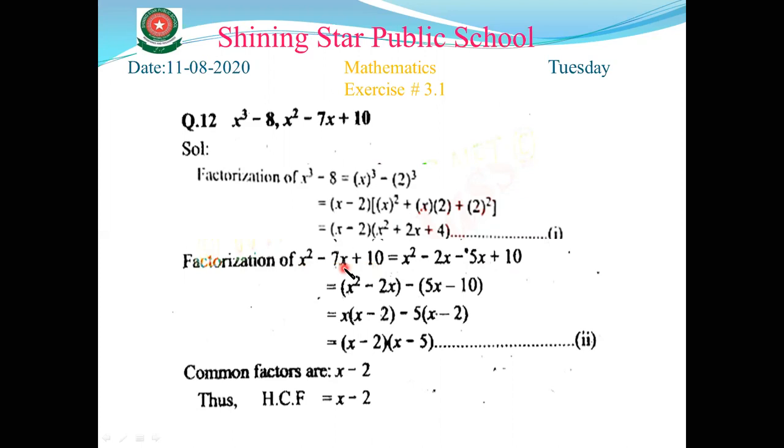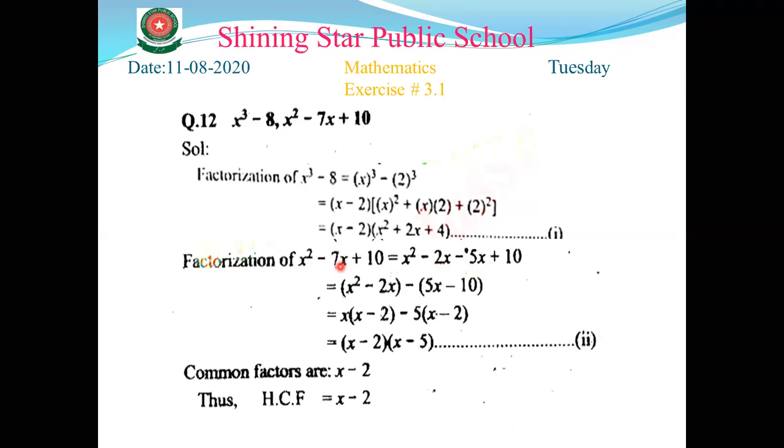Okay. Now the numbers are minus 2 and minus 5, because when we multiply minus 2 with minus 5, minus minus plus, 2 multiply 5 is 10. And when we add minus 2 and minus 5, it becomes minus 7.